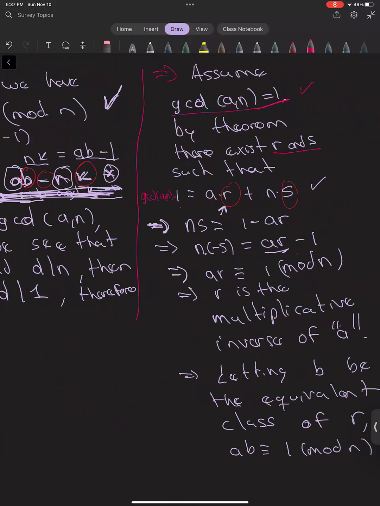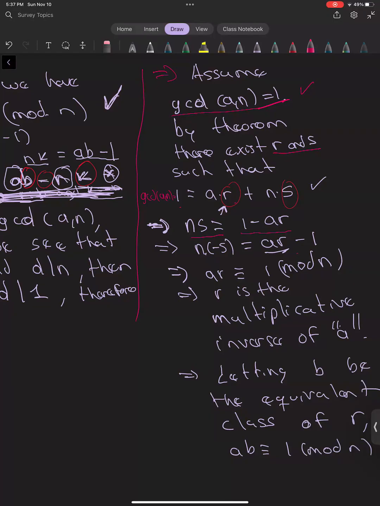Okay, now I modify it a little bit. NS equals 1 minus AR, and for convenience I multiply by minus 1.